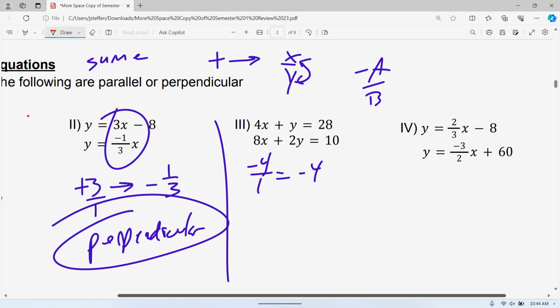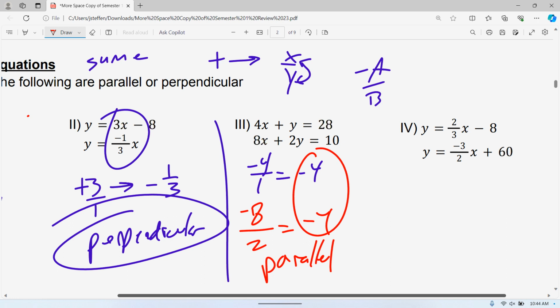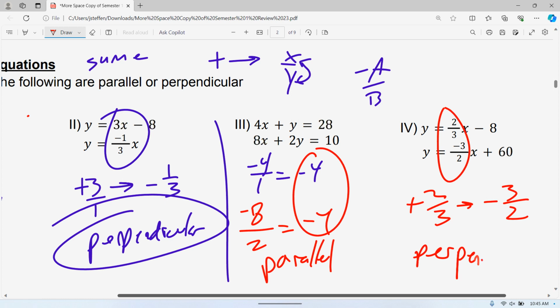My second one, -8 over 2, which is also -4. So same slopes, so parallel. And last but not least, we have a positive 2 over 3. That transforms from positive to negative and then to a 3 over 2. So that is perpendicular, opposite reciprocal. That's also not spelled right, but that's okay.